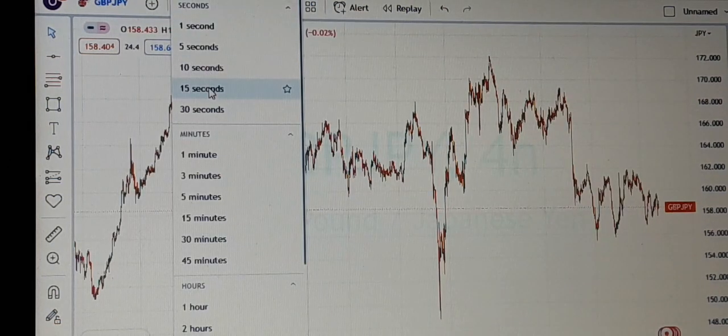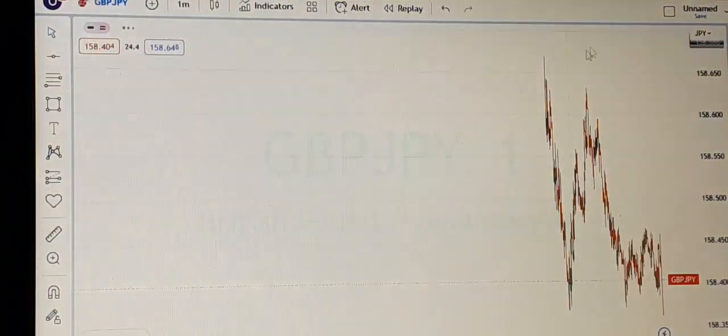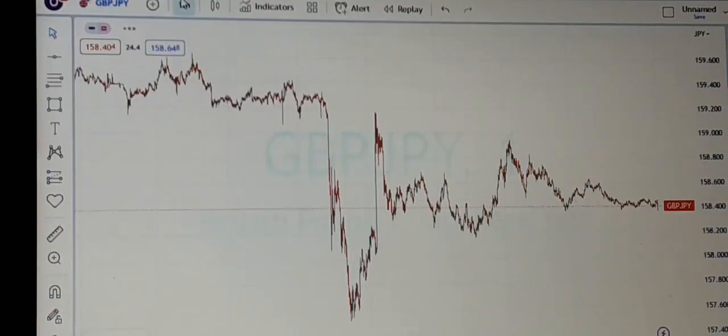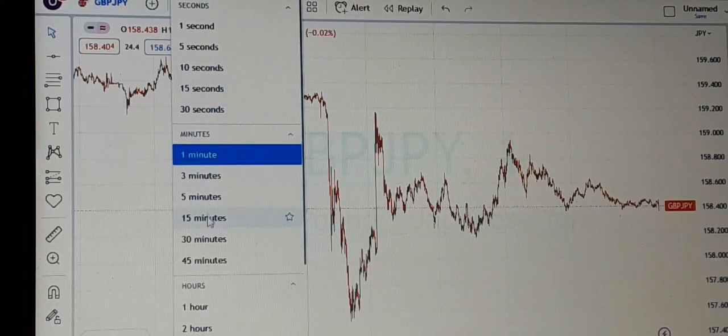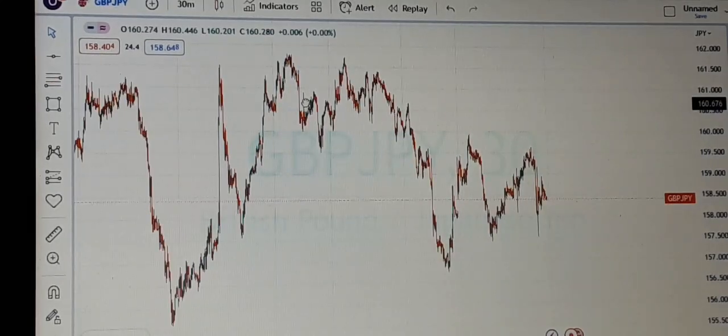If you are a day trader, you may be using the 4 hour. If you are a scalper, go to the 30-minute chart. Let me just go to the 30-minute chart.